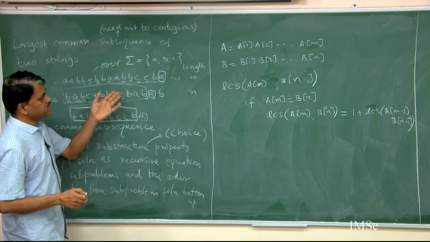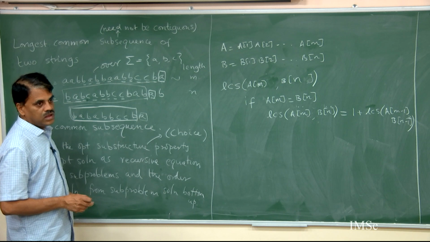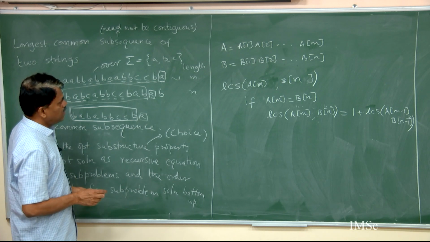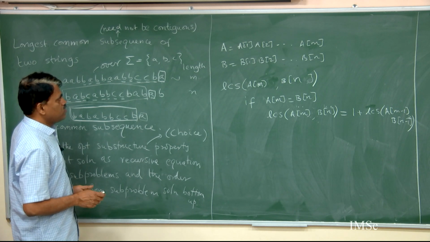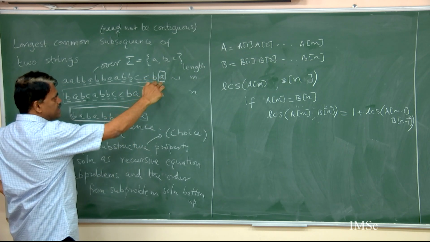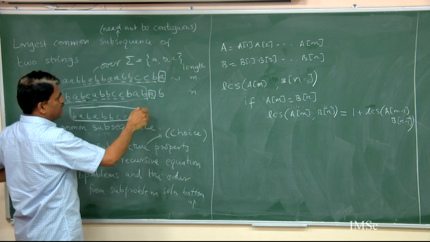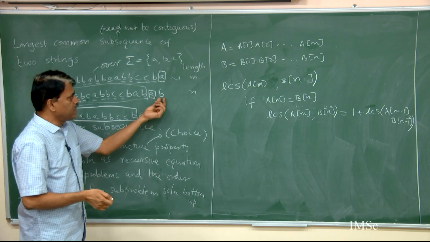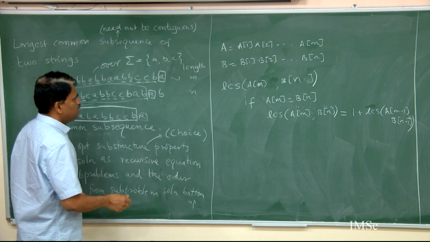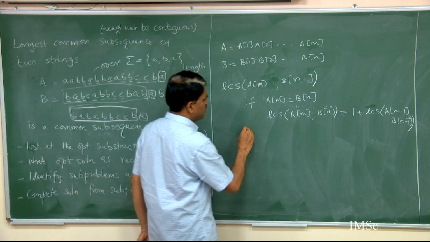If they don't match, then you know that clearly this character and one of these is not there in your optimum solution. I mean, the character may be there, but that particular location is not in your solution. So you just omit this and find the maximum. You can verify that.